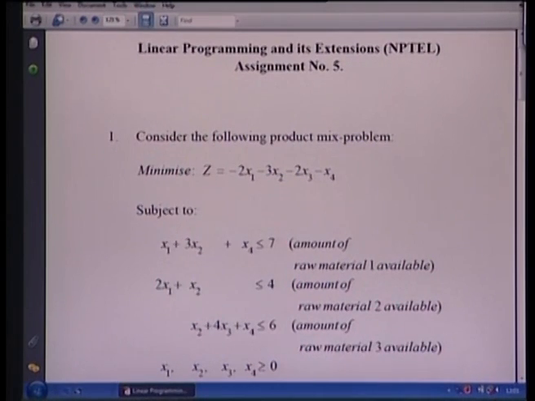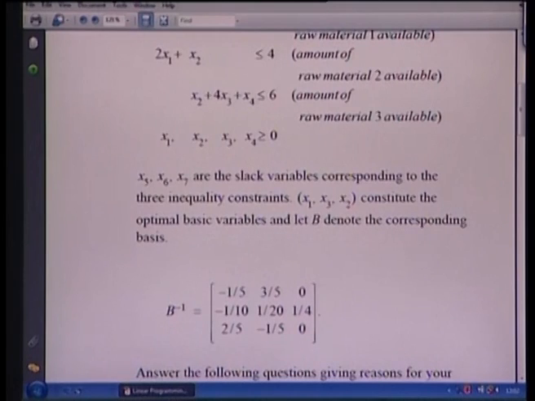Because we want to formulate the problem as a minimizing problem, I have taken minus of the objective function, so it is a minimization problem with minus cost coefficients. There are 3 different raw materials, and the availability of these raw materials is given to you. Now, x5, x6 and x7 are the slack variables corresponding to the 3 inequalities.